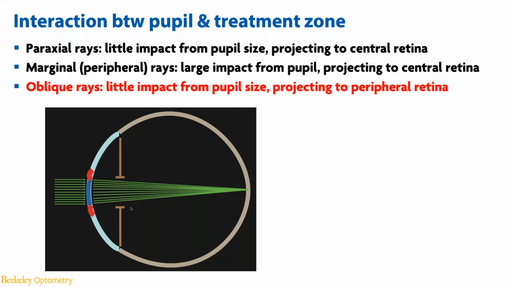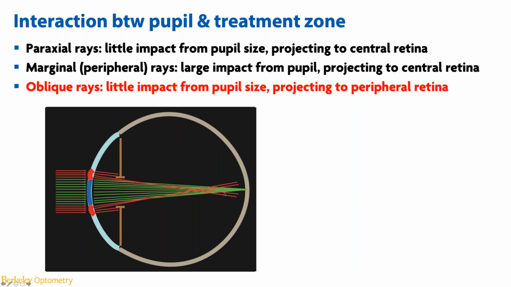So it's mostly getting information from the central flattened cornea, and it's projecting to the central retina. Because they're paraxial rays, the paracentral steepening, the area shown in red, has little impact on the retinal image quality, and the pupil size has relatively little impact on the retinal image quality as well.